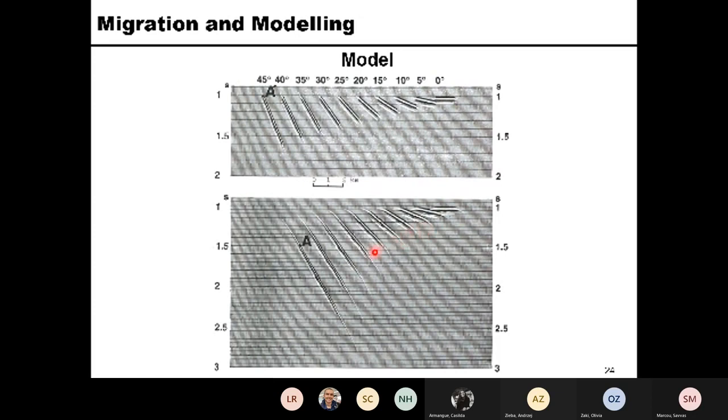Okay. So this simply tells you migration is a really, really important step for geological interpretation. In no circumstance can you simply ignore this effect, right? You cannot use the stack section to do the geological interpretation.